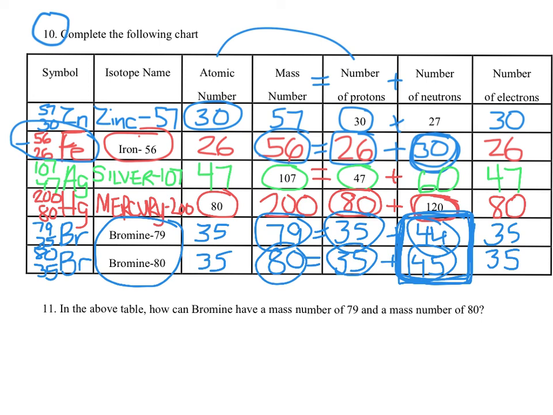All right. I think this leads us to our last question, which we've already explained. How can bromine have a mass number of 79 and a mass of 80? It's because they are isotopes, which means, and you can write this down, they have the same number of protons, but different number of neutrons.